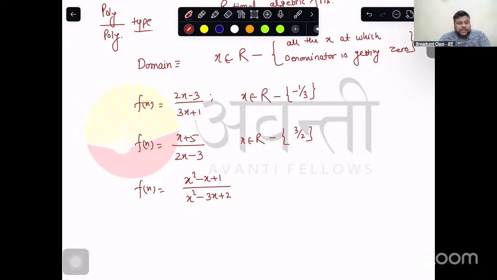Its denominator will be getting 0. So in that case, domain is what? R minus {1, 2}. These are the x, 1 and 2, at which the denominator is getting 0. Am I clear?